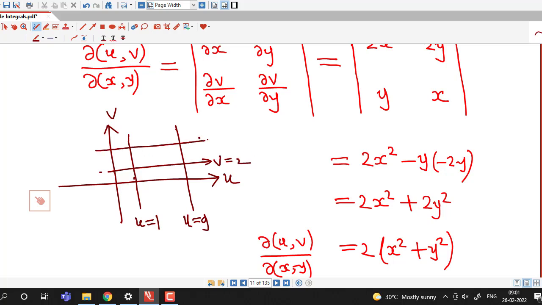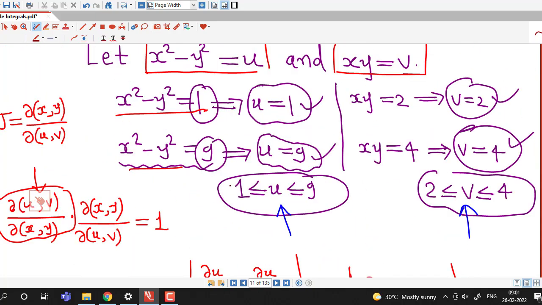If this distance is 4, we obtain v equal to 4. So the region in the UV plane is a rectangular region, and it is very easy to integrate over a rectangular region. The limits of integration become constant.